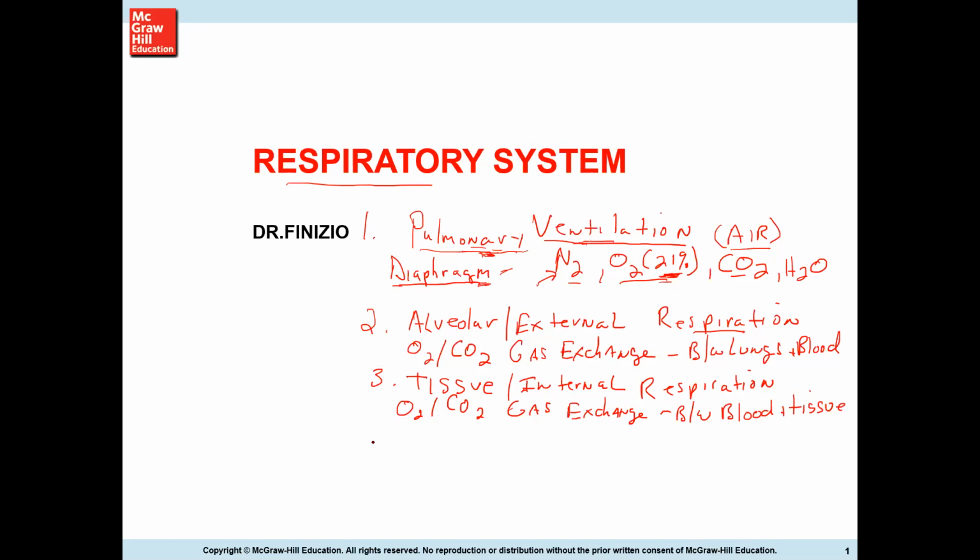The last one, not last really, definitely not least, because this is what it's all about, is cellular respiration. Remember this? I don't know if we did it. We don't talk about this, but this is what it's all about, really. Now we're using glucose plus oxygen, and oxygen goes into the mitochondria.